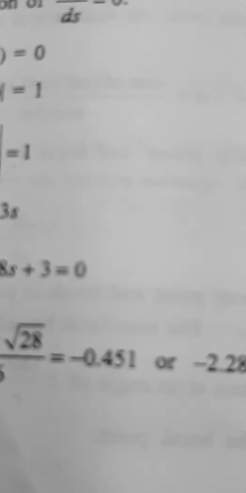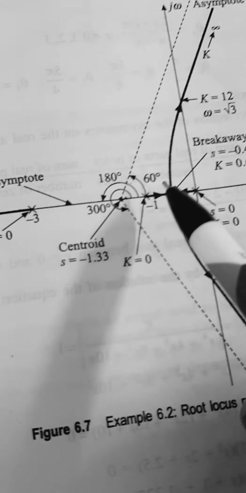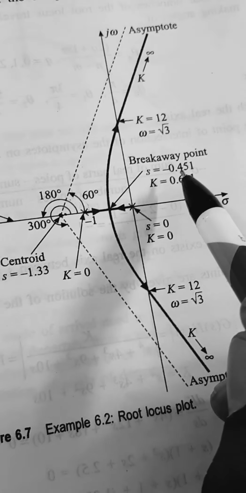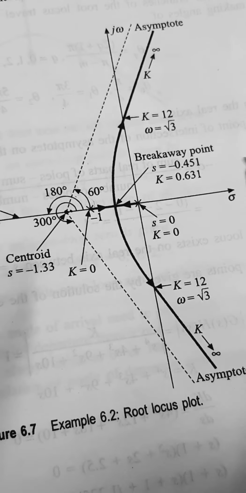So the breakaway point can be at minus 0.451. So you can see here, this point is nothing but s is equal to minus 0.451. Okay.